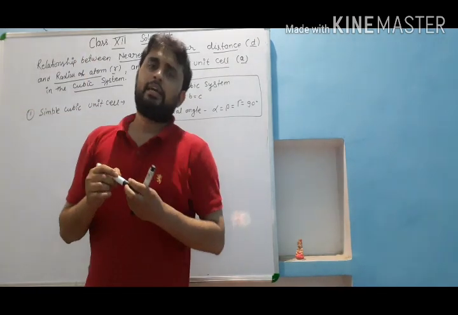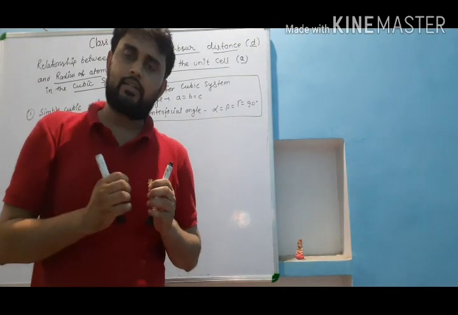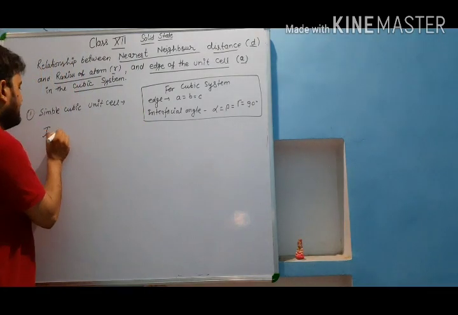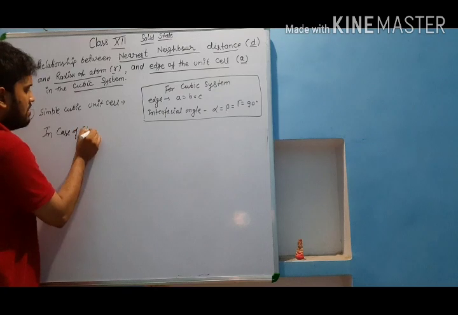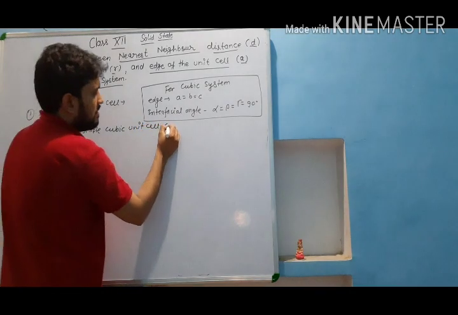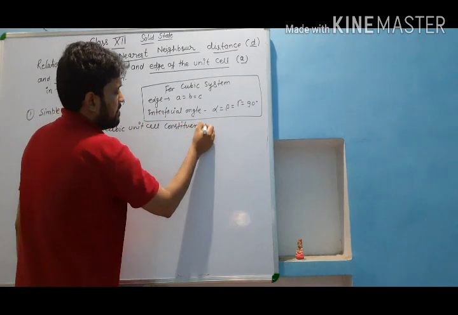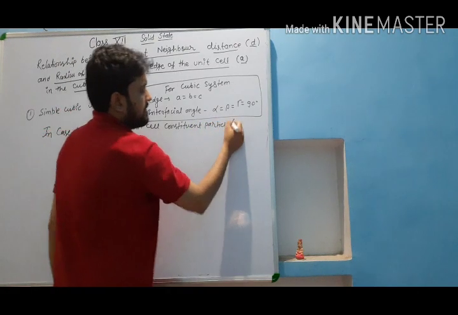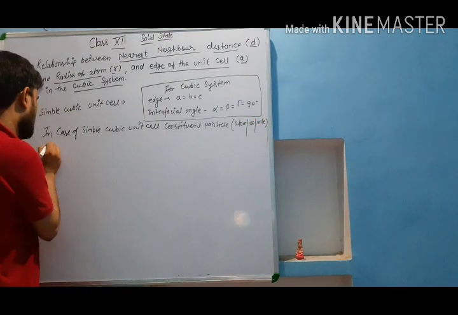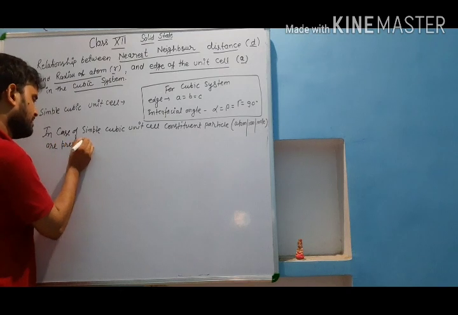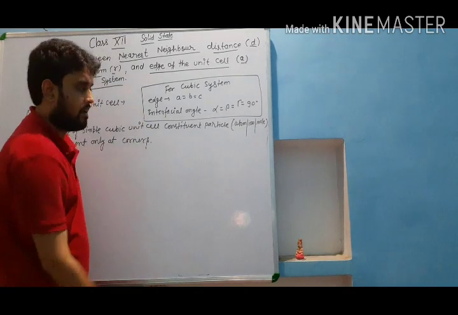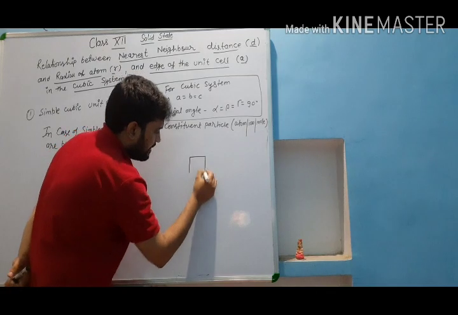As we know, in the case of a simple cubic unit cell, constituent particles are present only at its corners. Constituent particles, that is atoms, ions or molecules, are present only at corners.